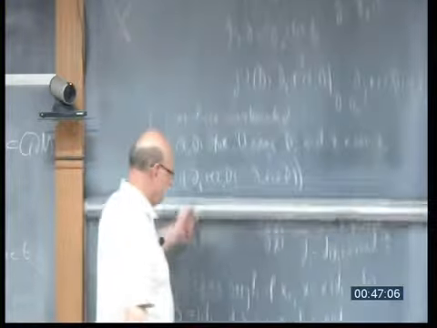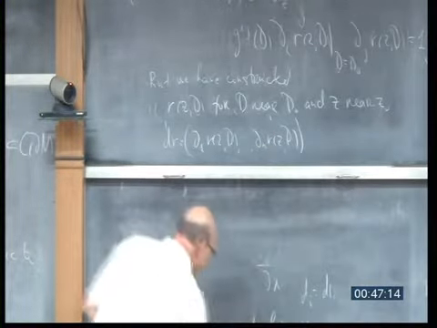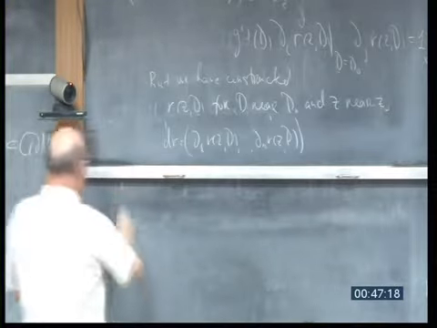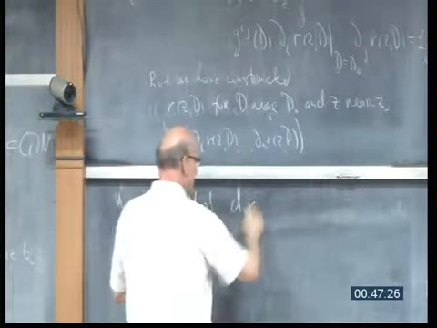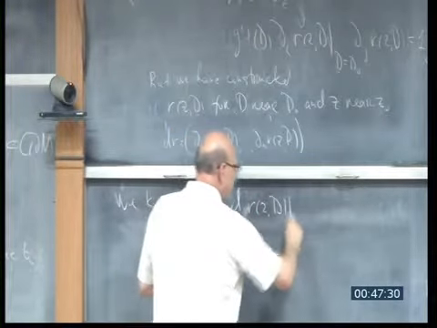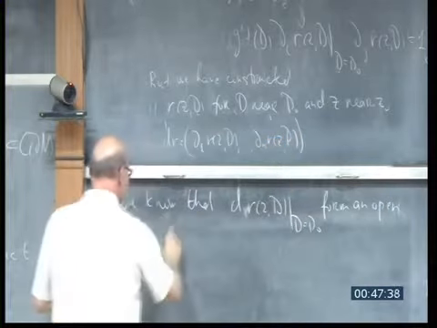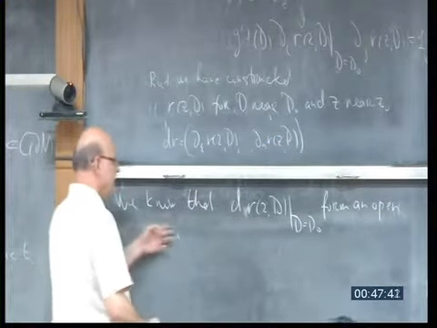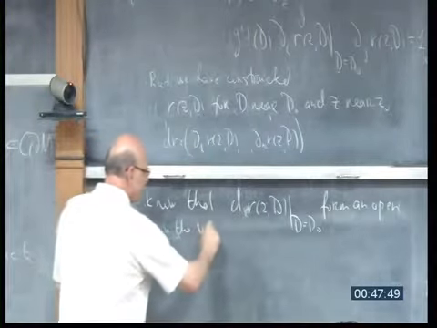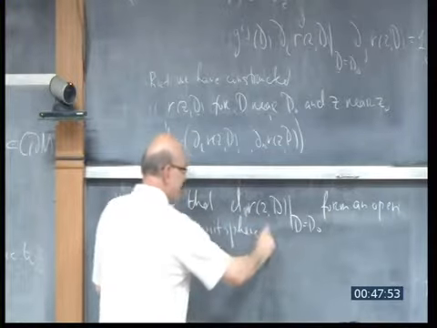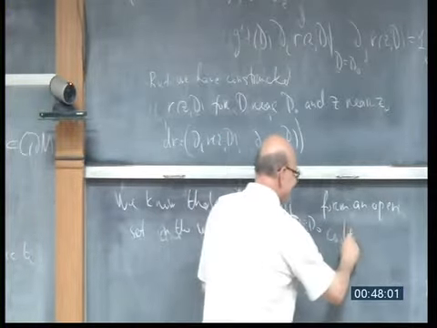And what do we know? We know that dr(z, d) for d equal to d0 forms an open set on the unit sphere of directions.